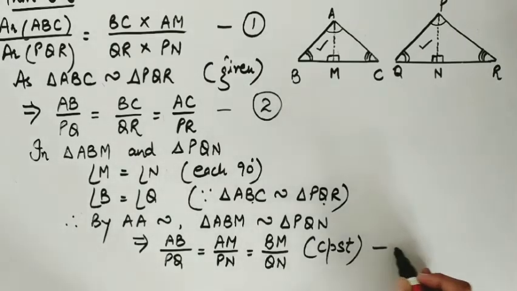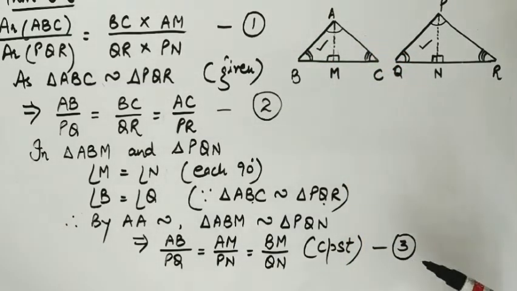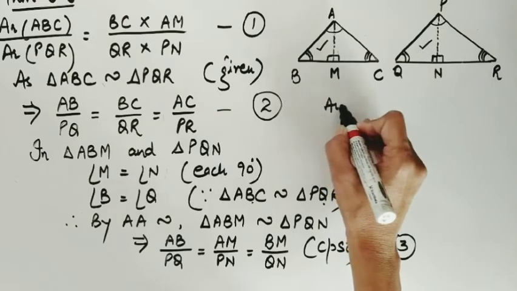So now, check this out. Equation 1, equation 2, equation 3. If we observe them carefully, can I say the ratio of ABC? Let's conclude it here.